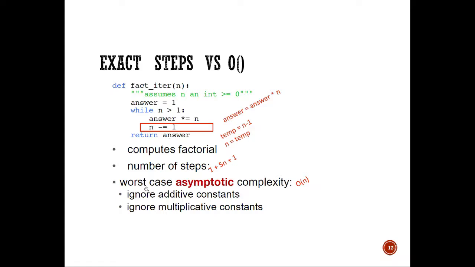So in the worst case asymptotic complexity, we can describe this as in the order of n because this is the largest factor. To do that, we typically ignore additive constants and we ignore multiplicative constants, which is the factor of 5 here.